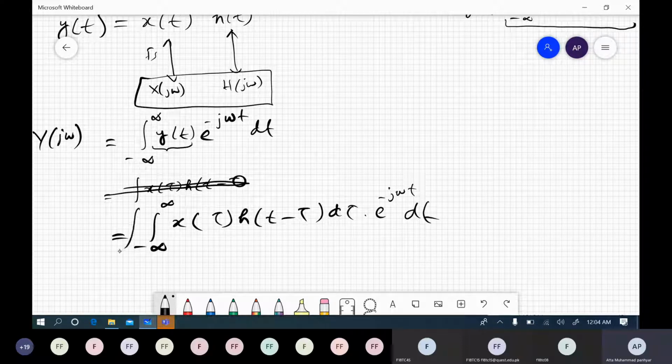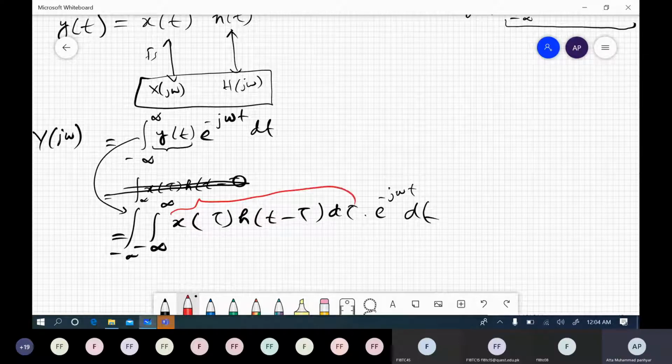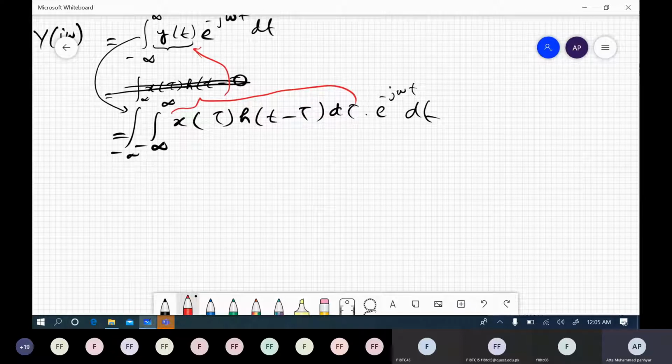This integral is for y of t, and this complete term is the value of y of t. We know this is convolution: the output y of t is equal to x of tau h of t minus tau d tau, integrated from minus infinity to infinity.